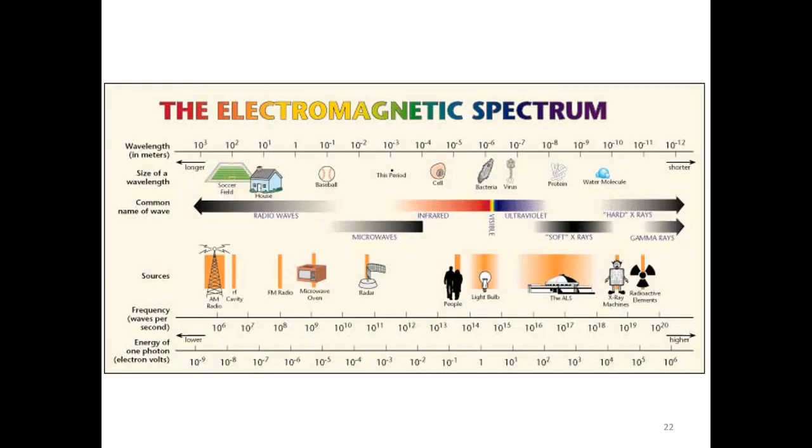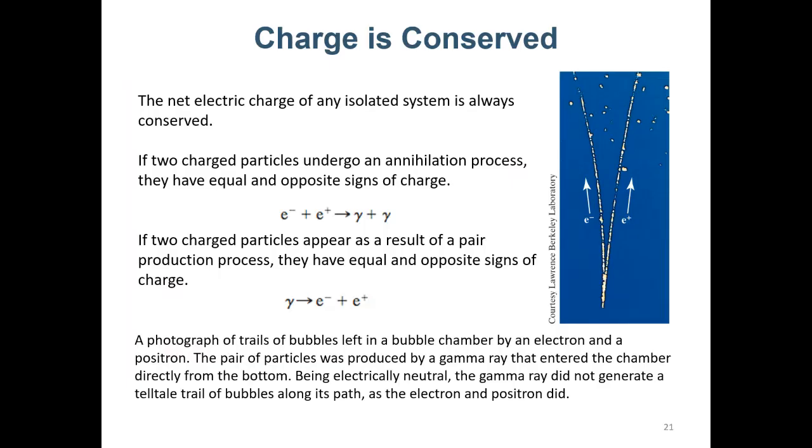Okay, finally, I just go through this quickly. The charge is conserved. You cannot create a charge or eliminate a charge. We can just have something like the electron and the anti-electron, the positive charge, so that when they add together, they will eliminate each other.